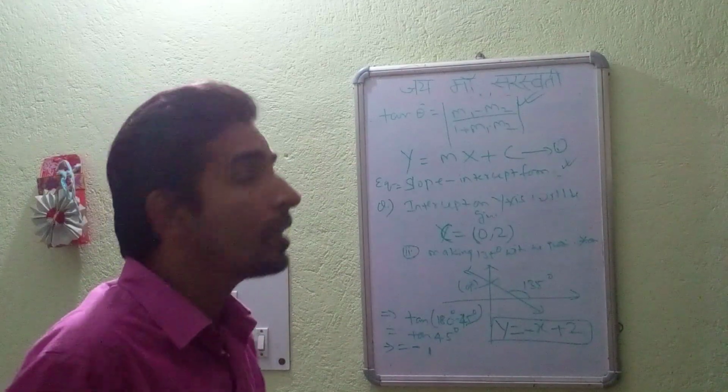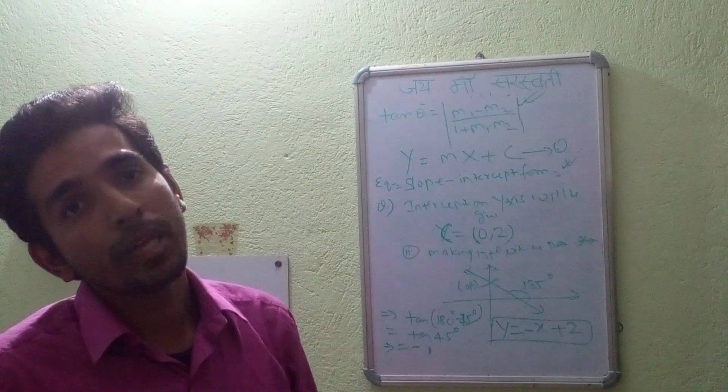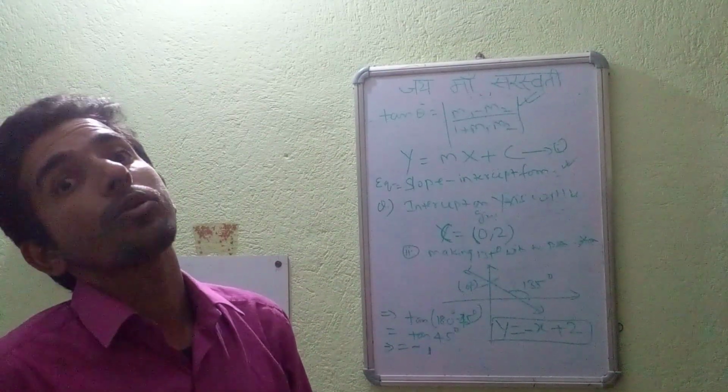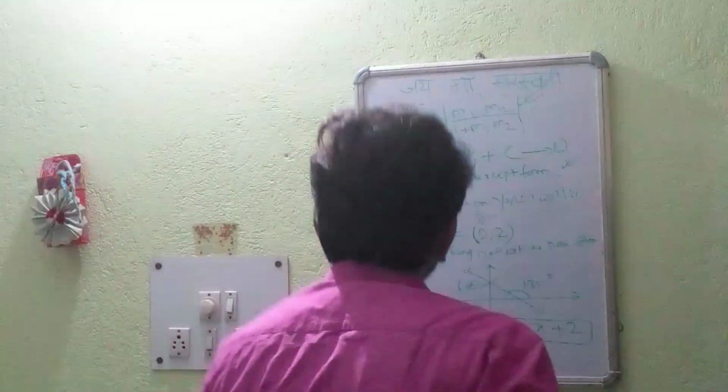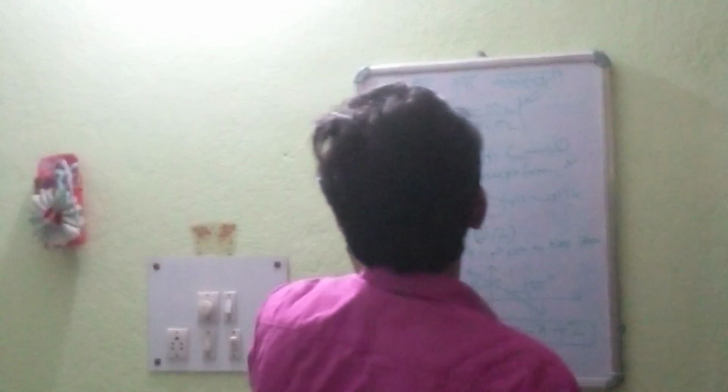Now we will be taking one equation in which one point is given and one slope is given. So that equation is entitled as the point slope equation. We will be taking one more example.